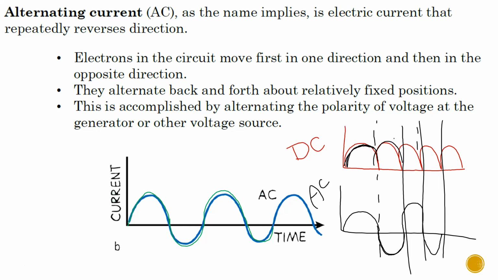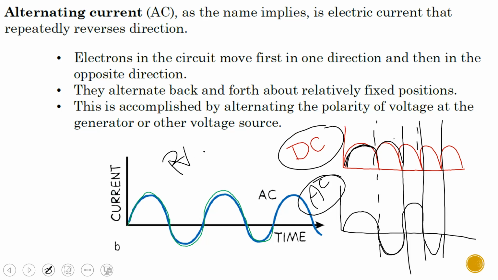So the first one is for DC, for direct current. The second one is for alternating current. It's not direct, it's alternating current. The DC happens in a battery, but the AC is in a generator.